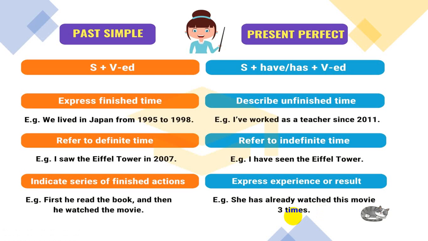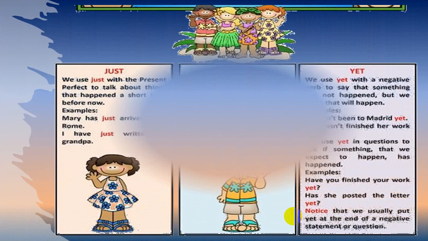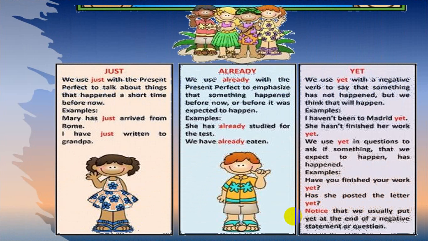Okay, we put the verb in the past simple when we see its keywords, as we said before: yesterday, last month, last year, at once, and so on. But present perfect has its keywords also, like just, already, yet.